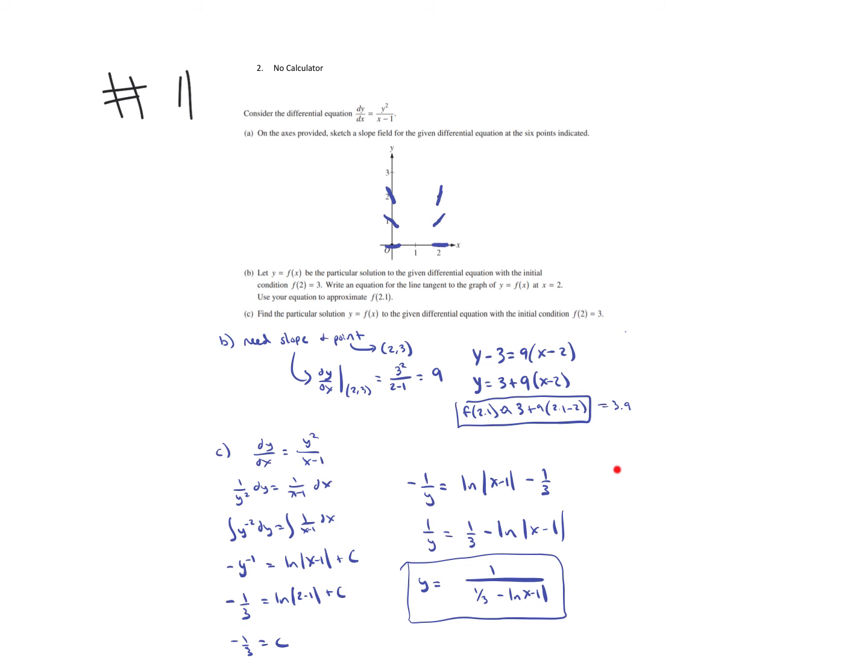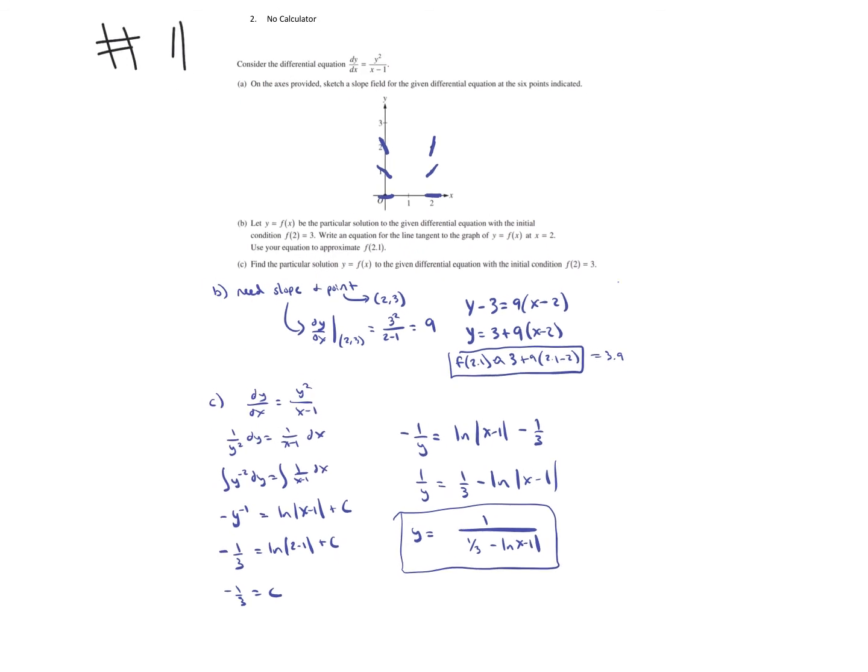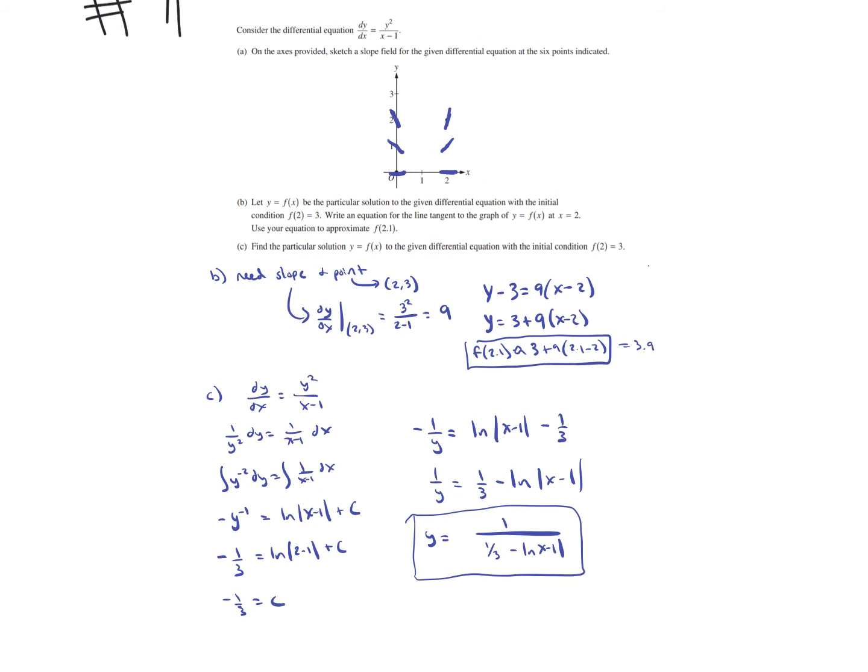Part C is kind of our typical differential equation problem that we're pretty used to, of actually finding the particular solution, given an initial condition. Here's where we separate the variables, and so I get the 1 over y squared dy to be with the 1 over x minus 1 dx.